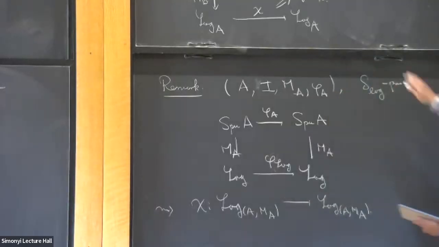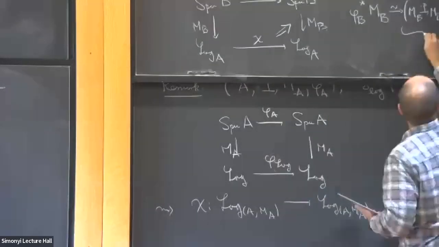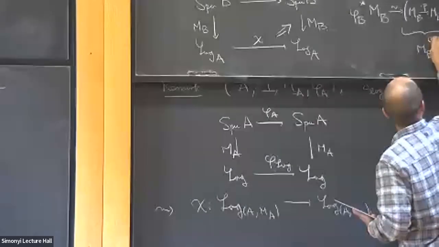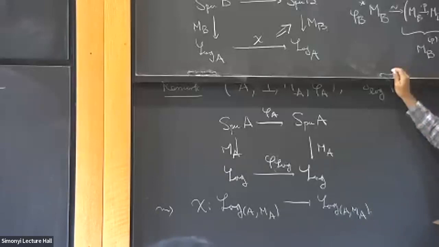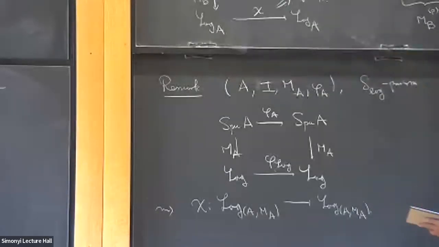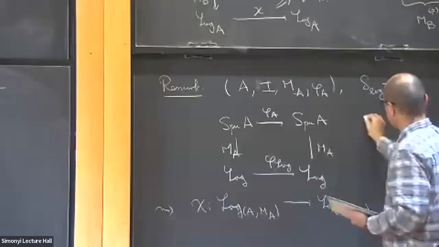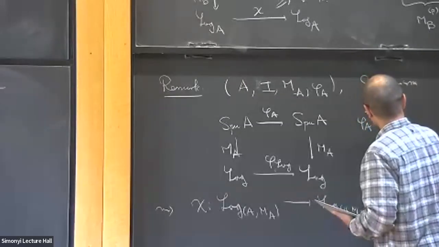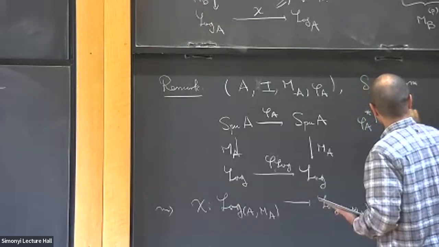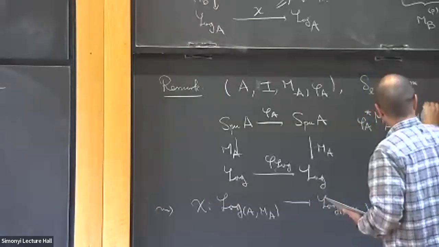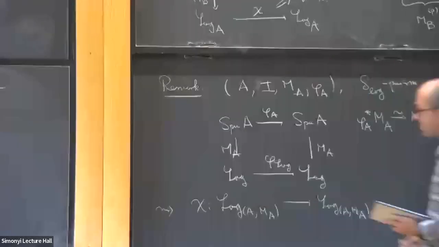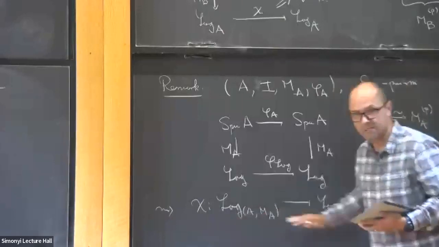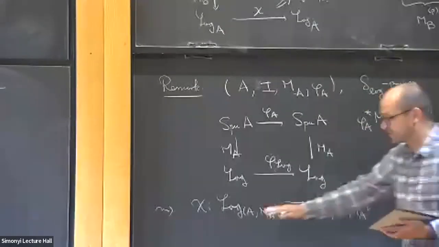Maybe I should have said, if I call this M_B P, then this data here is an isomorphism of phi_A upper star M_A with M_P. Then you just use the same map, M goes to M_P, and that'll define for you a map of stacks here.